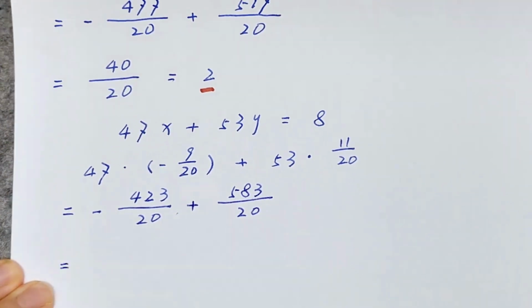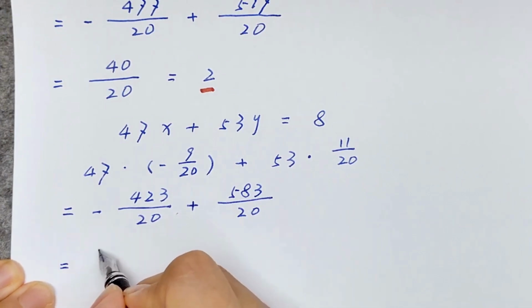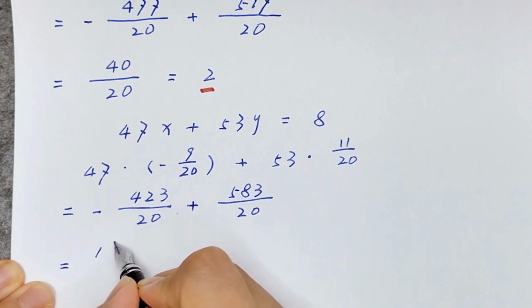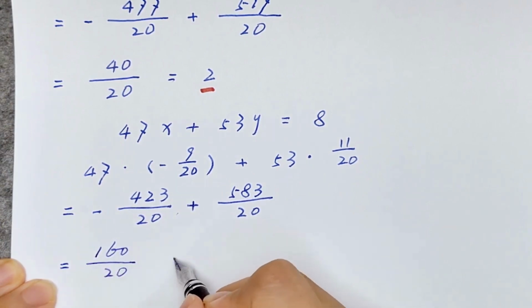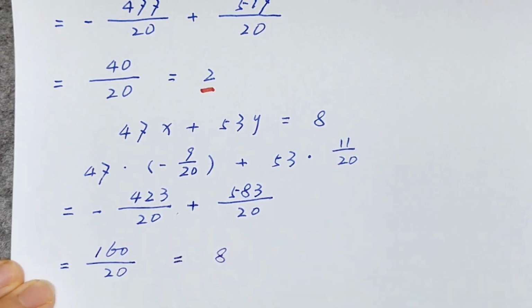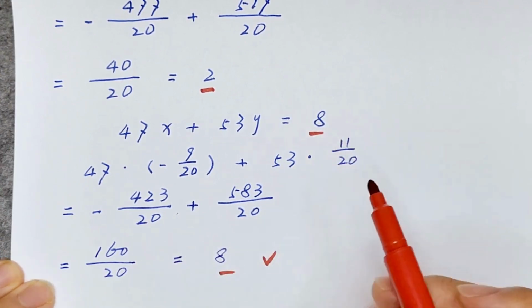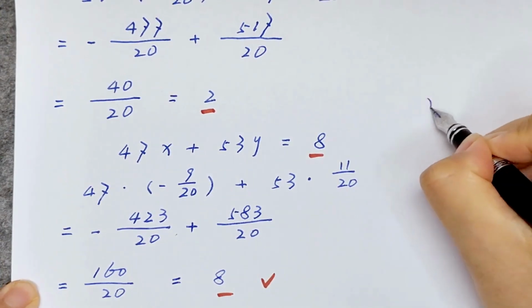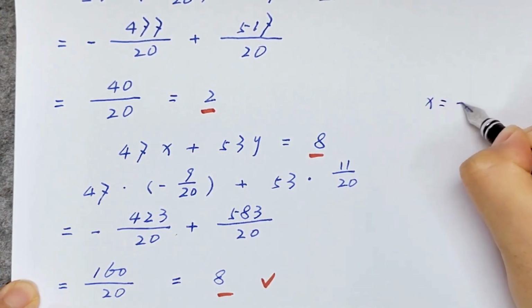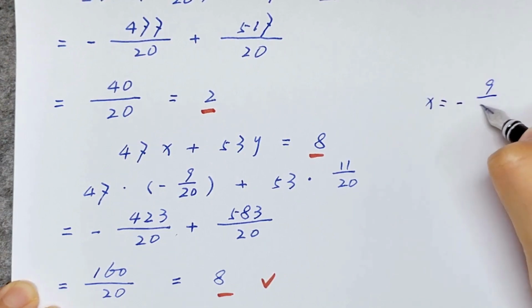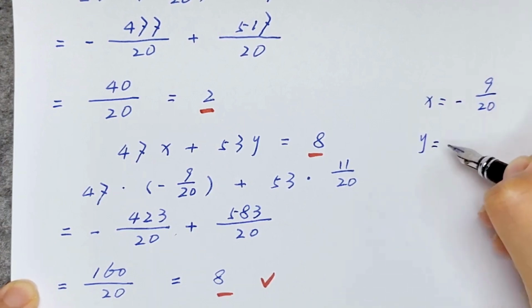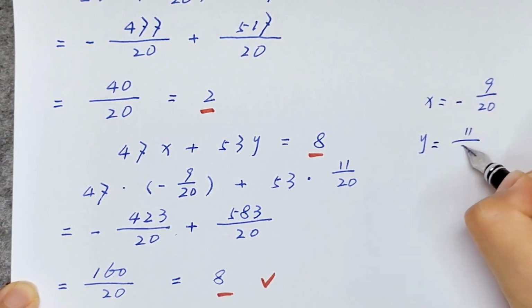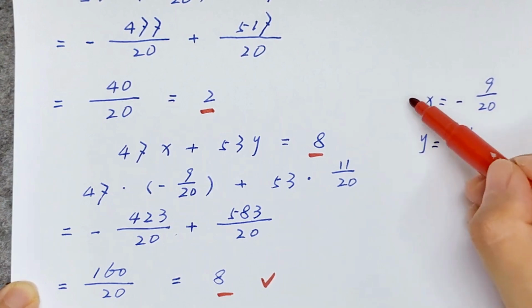It will be equal to this minus this is equal to 160 over 20 equals 8. Right. So x equals negative 9 over 20. y is equal to 11 over 20 is the final answer.